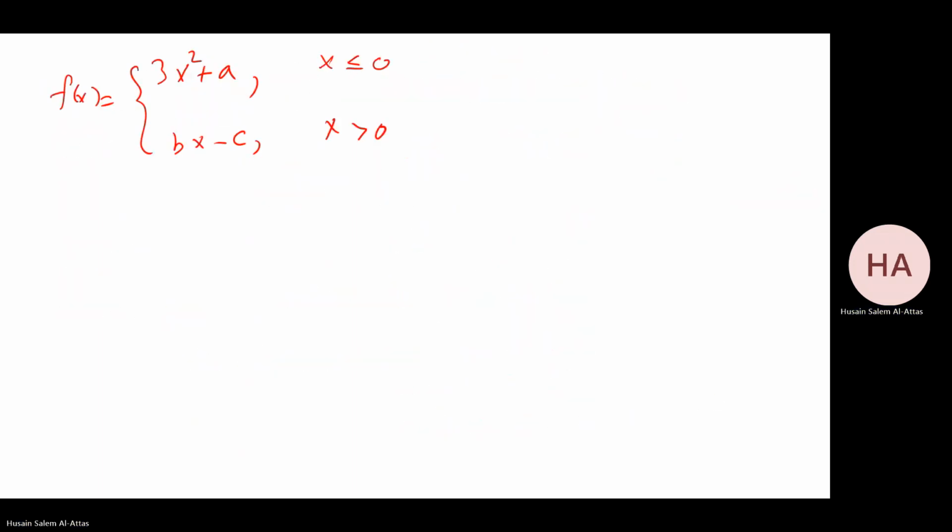Yeah. They said it's differentiable everywhere. Find a plus b equals what? That was the question.